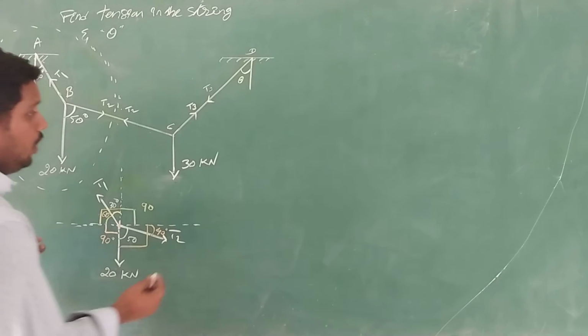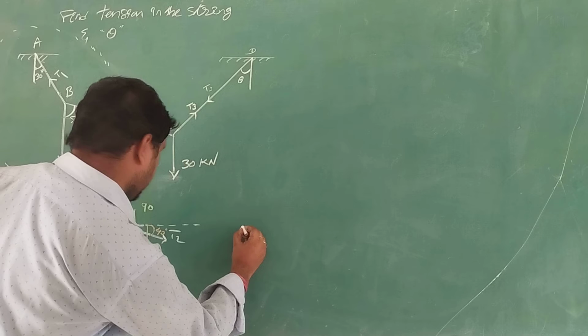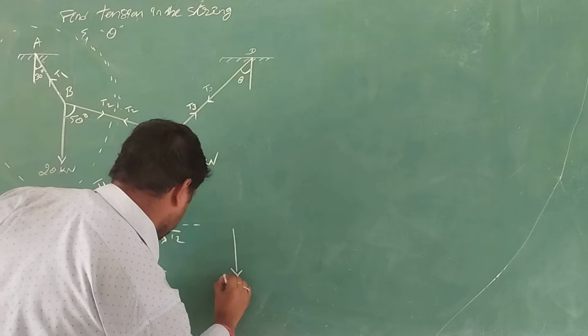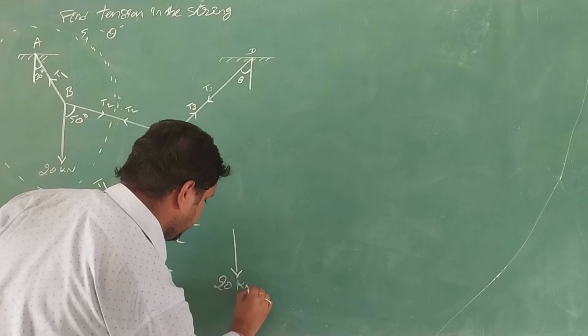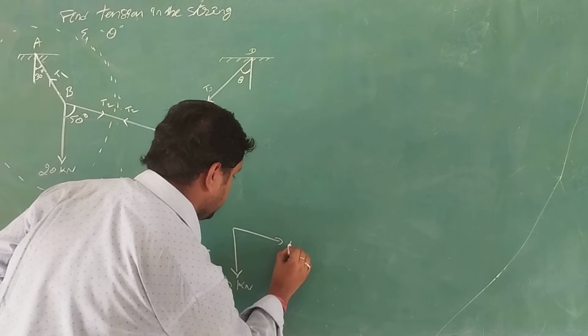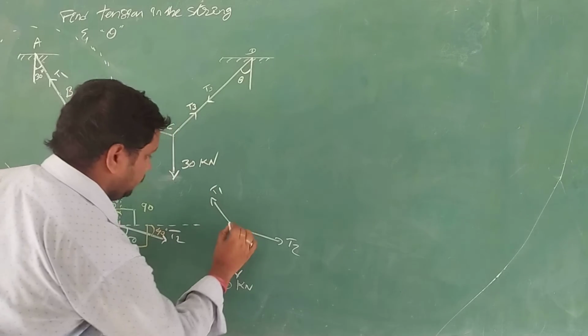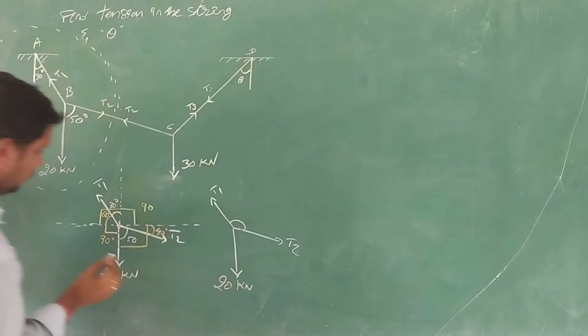I'll redraw it again for better understanding. This is my 20 kilonewton, this is my T2, this is my T1. What is this angle? Follow this one.